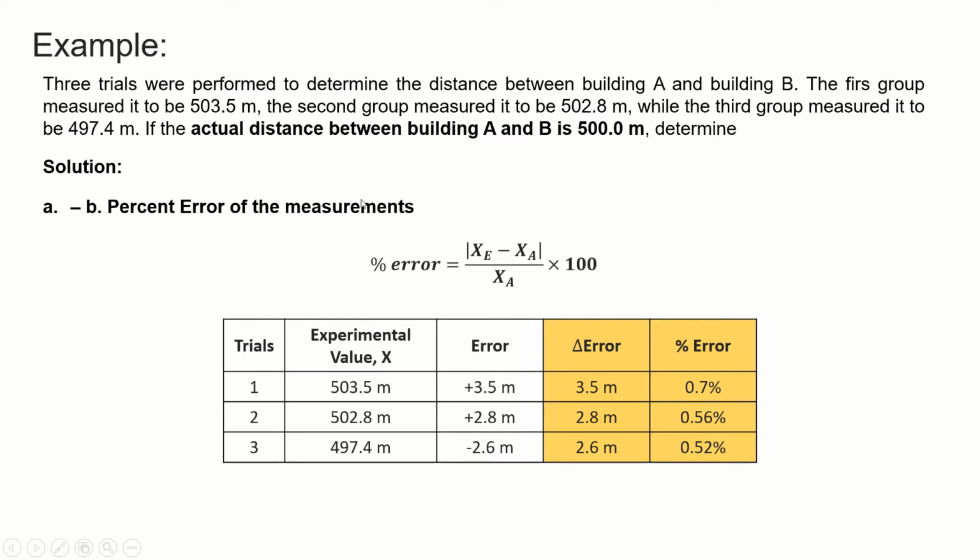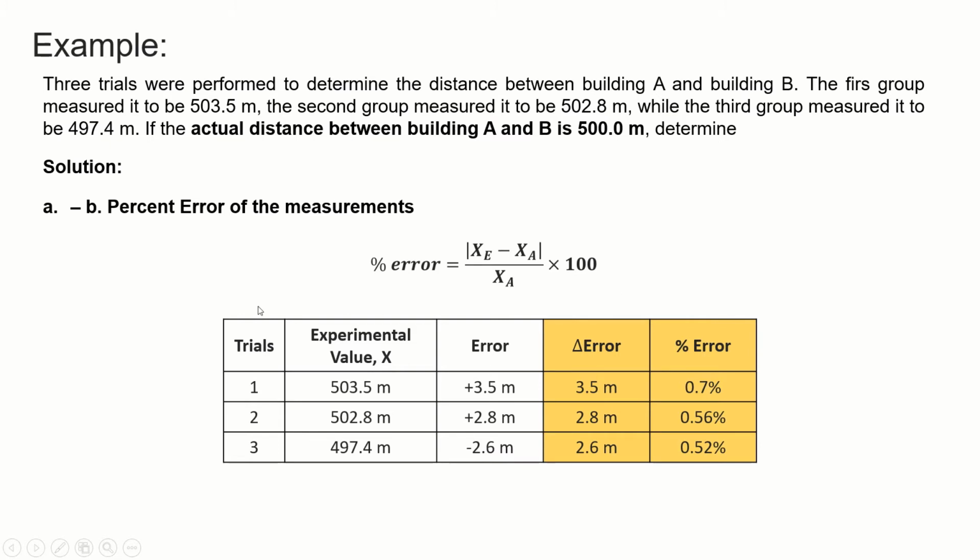What is the error? What are the errors of these obtained values? Letter B, the percent error. And letter C, what is the percent difference between the experimental values?